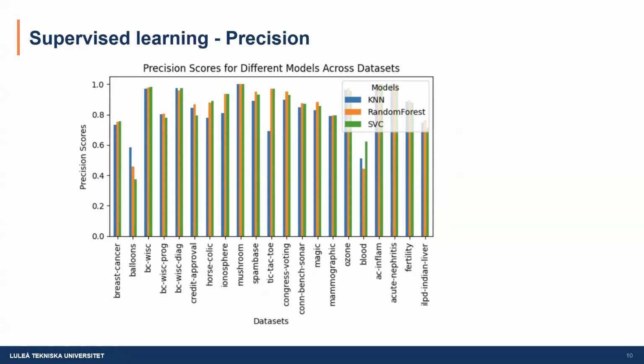Then followed the precision of the 21 datasets. Precision measures the proportion of true positive predictions out of all positive predictions. Precision is very important when the cost of a false positive is high.